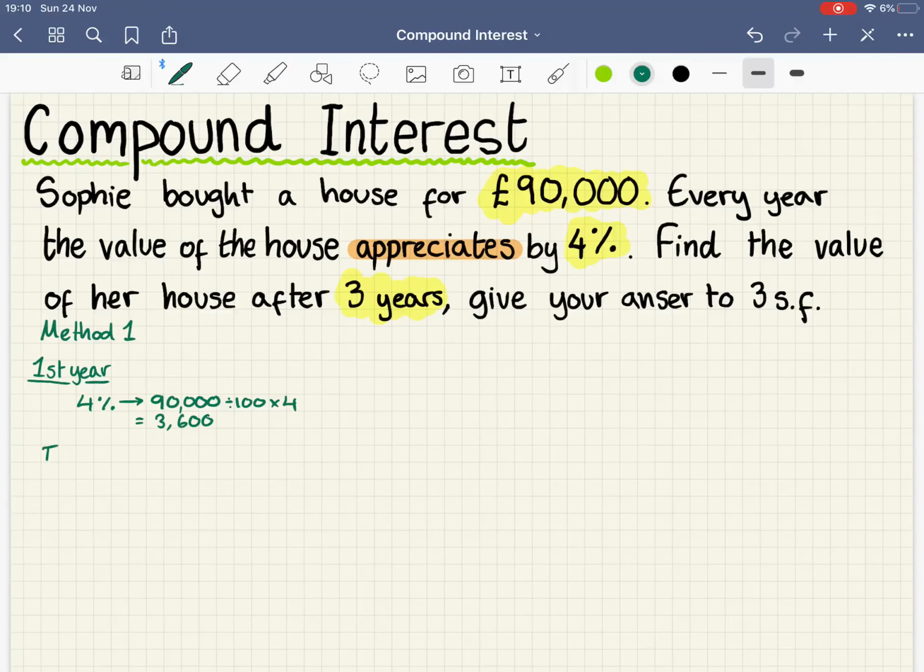Once you've got that percentage, we're now going to find out the total. Because it appreciates, we take the original amount and add on the percentage we've just calculated to give us an answer of 93,600.